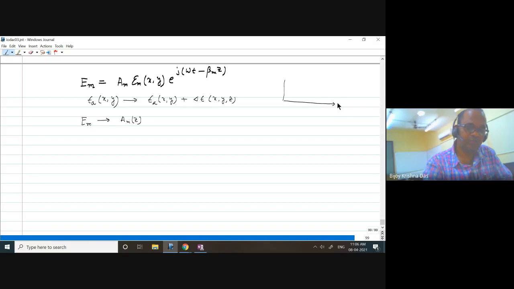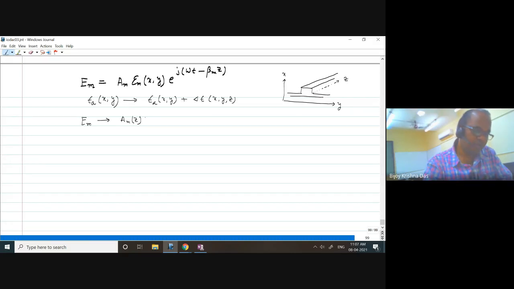We can just show something like this. So this is your y, and this is your x, and this is your waveguide cross section, something like this. So this is the Z axis, a Z propagating waveguide.